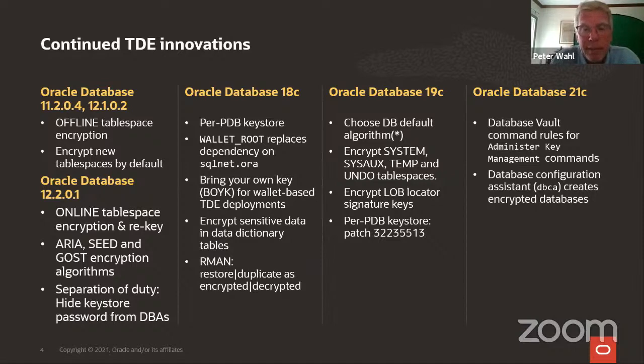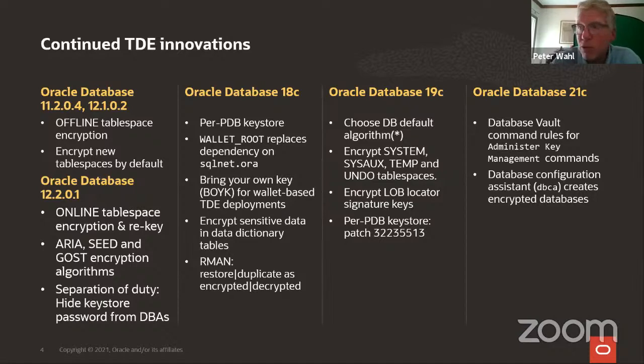Oracle Database 18c allows you to bring your own key into the TDE wallet. We encrypt sensitive data in the data dictionary tables. I would like to highlight that this one feature, encrypting sensitive data in data dictionary tables, belongs to the minimum security architecture that we have. The minimum security architecture in Oracle lists all those features and functions that don't cost you anything.